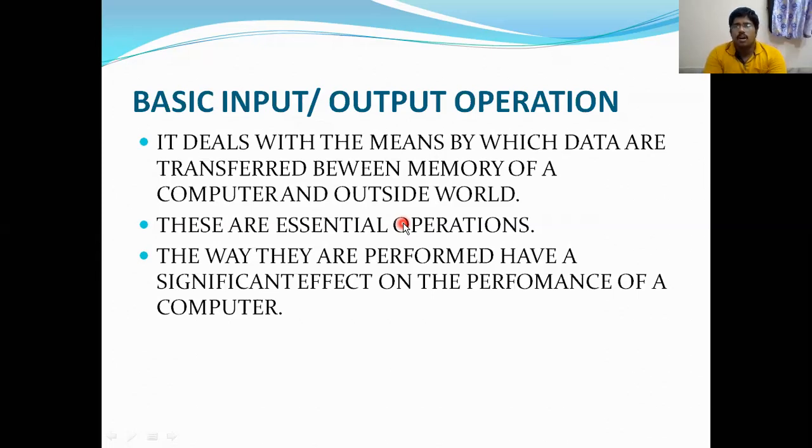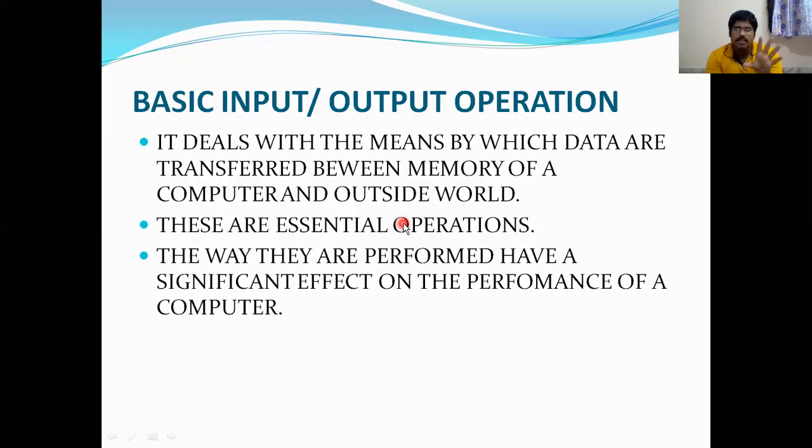So how can I decide the performance of a computer? How can I say whether my computer is in good condition, or whether the computer I have purchased is a good one or not? The first feature is its performance. How can I evaluate the performance?